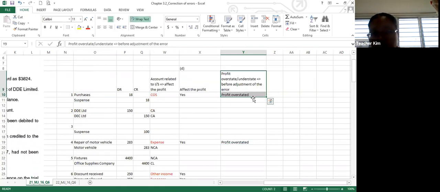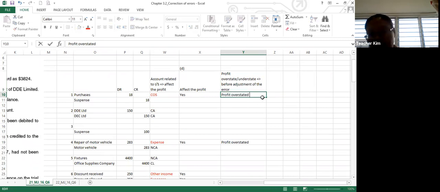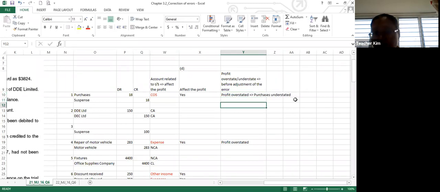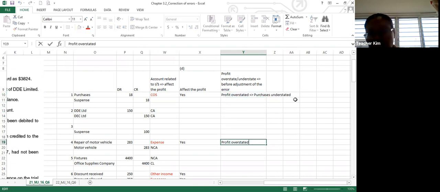Because this one is purchases understated, that's why they overstate profit. Same here, profit is overstated because expenses are understated.